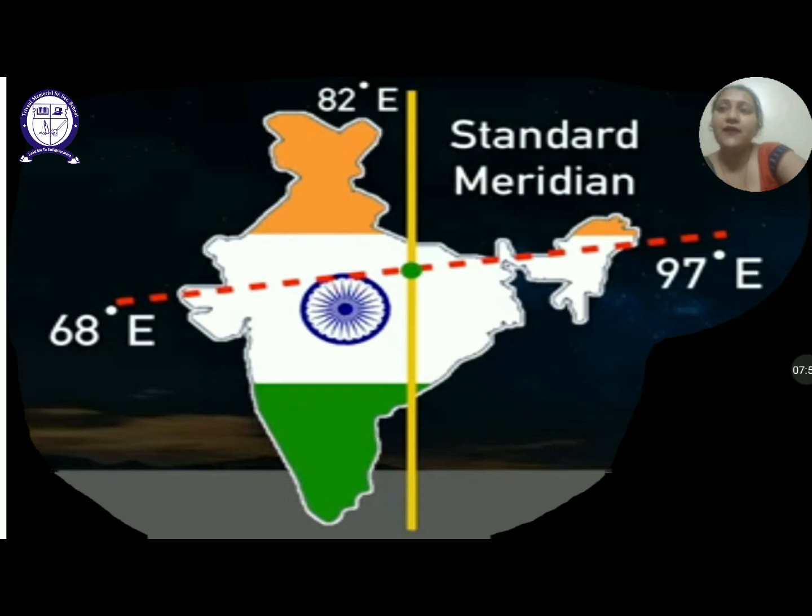Thus we have adopted 82 degree 30 minute east longitude as the standard meridian to set standard time for the country. Moreover, Nepal and Sri Lanka also adopted the same longitude, 82 degree 30 minute east, as their standard meridian and have the same time as India.